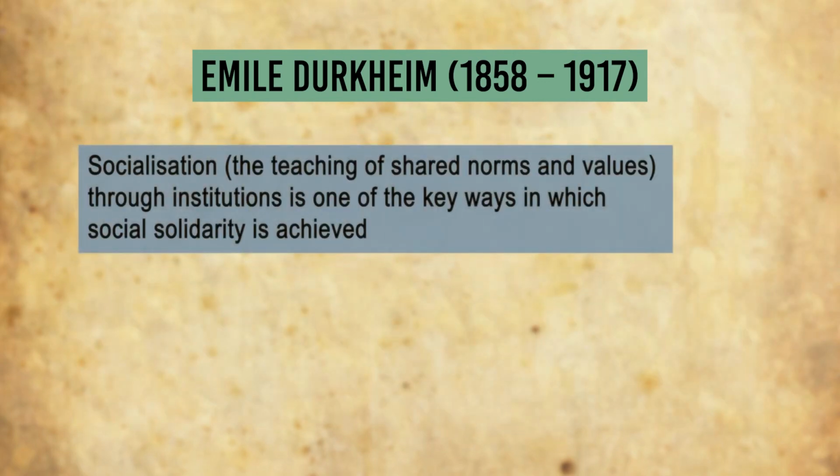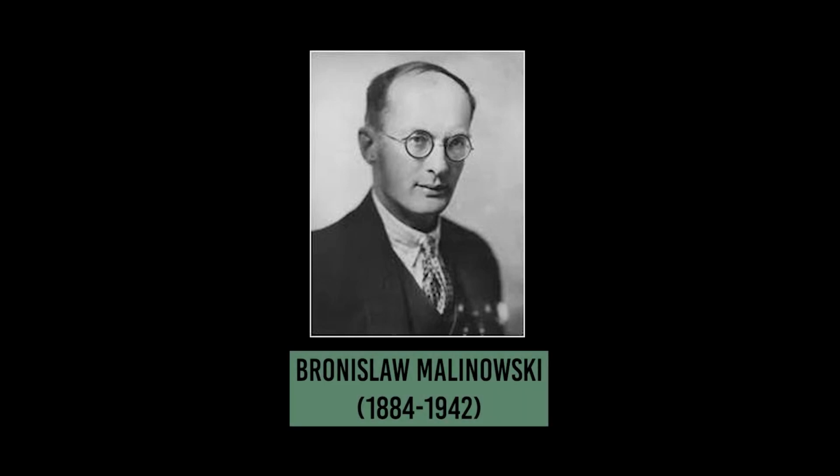He talked about socialization, or the teaching of shared norms and values through institutions. He thought it was one of the key ways in which social solidarity is achieved. Next comes the anthropologist, who was also a functionalist, Bronislaw Malinowski.